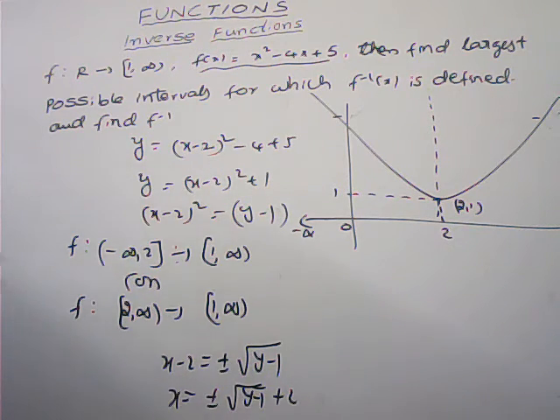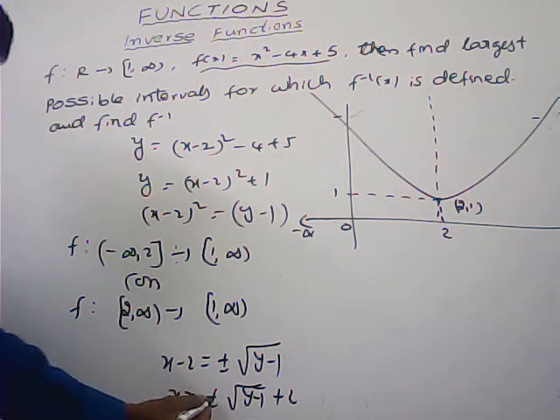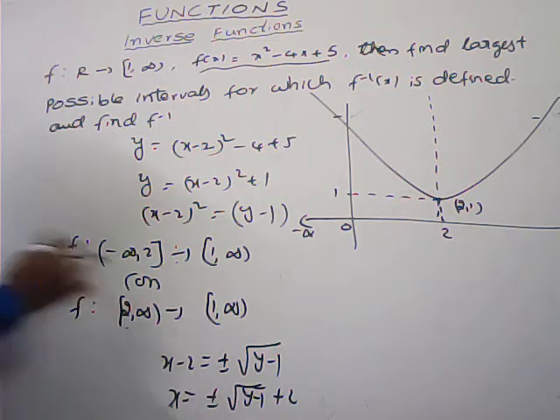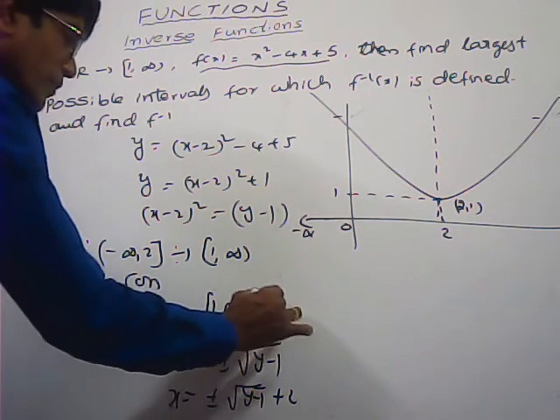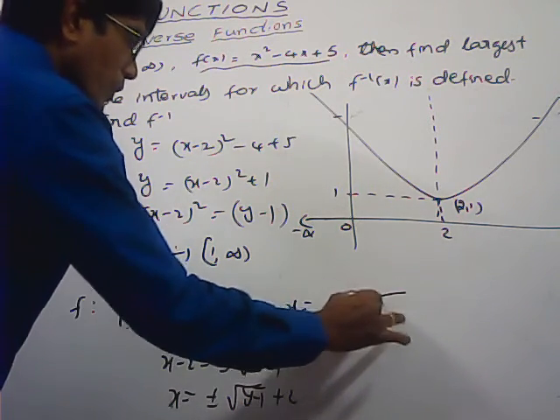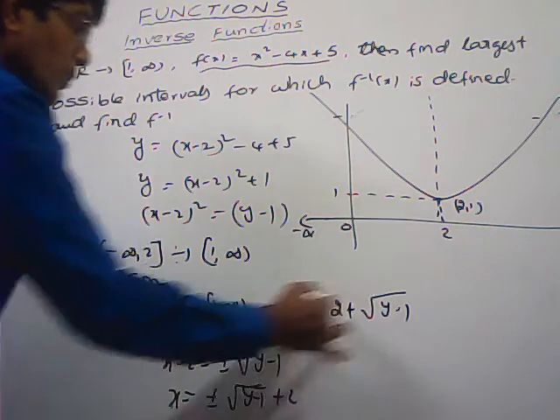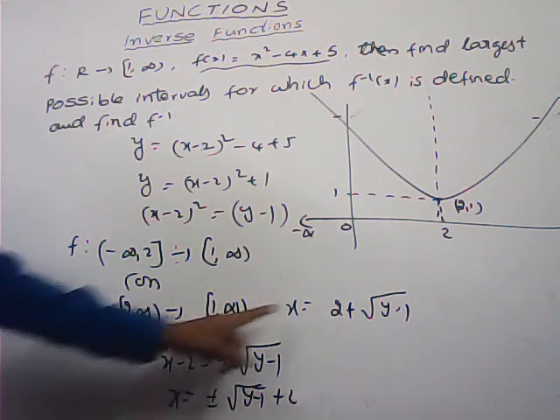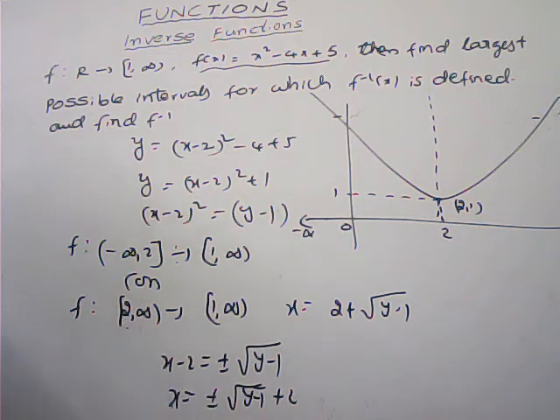Plus 2 is common everywhere, but here plus or minus are there. If I take the interval 2 to infinite, all the x values should be positive only. So here we can write x is equal to 2 plus root of y minus 1, both are positive, whatever y values you take, the corresponding x values are positive only.